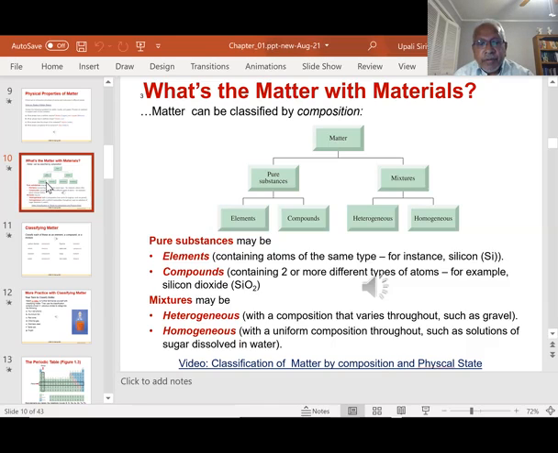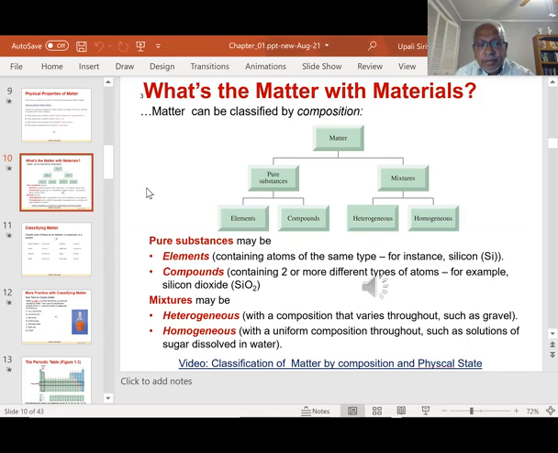As we said before, pure substances could be elements containing only one type of atom, for example, silicon or copper. Compounds contain two or more different elements, for example, silicon dioxide or water. There are so many examples.